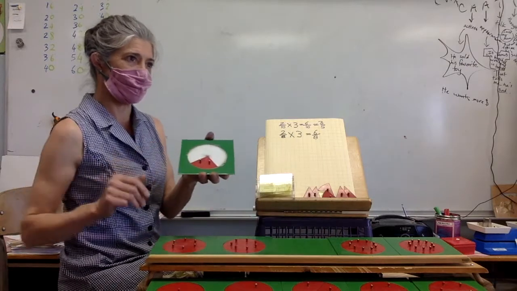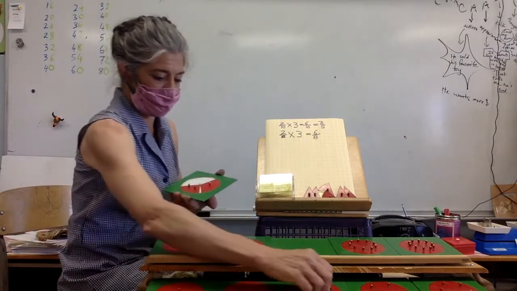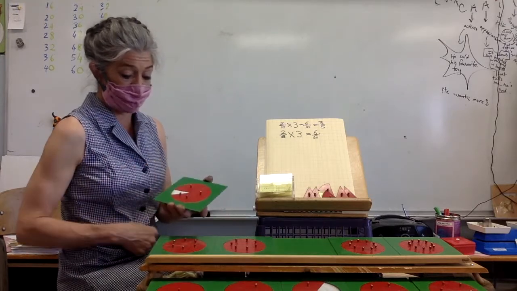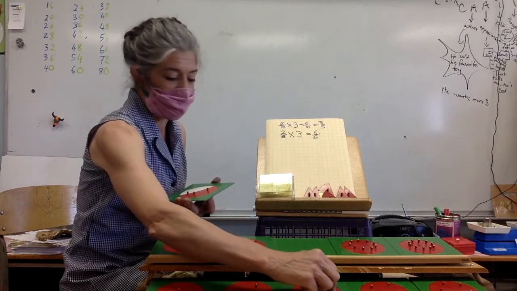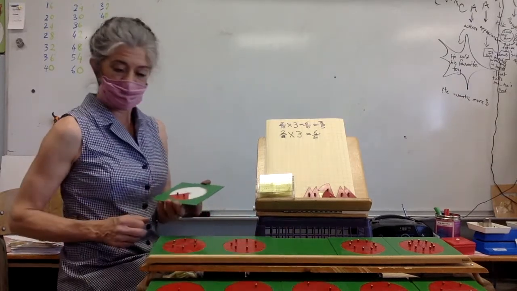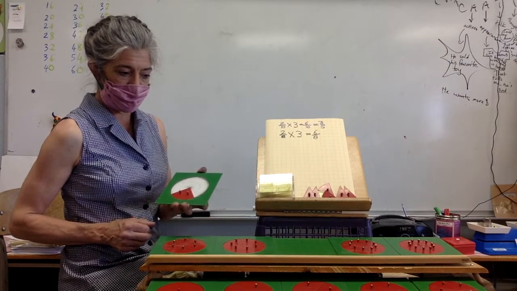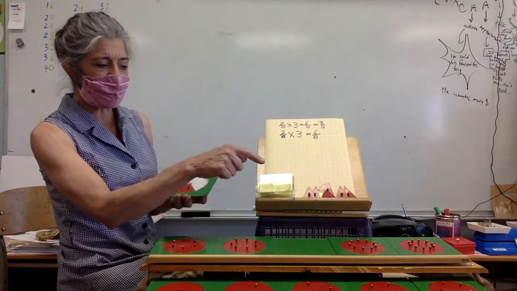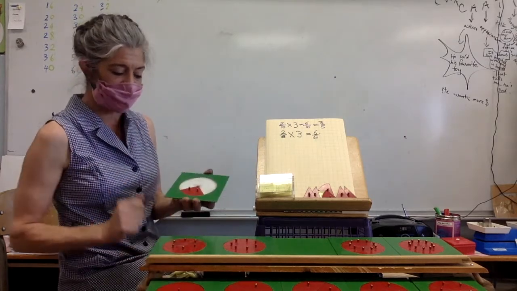Silas. 2/3. Ah, so close. Please don't yell at me. Gage, nice quiet hand. We usually, when we make equivalents, don't go with smaller fractional pieces. We want to go with bigger fractional pieces.